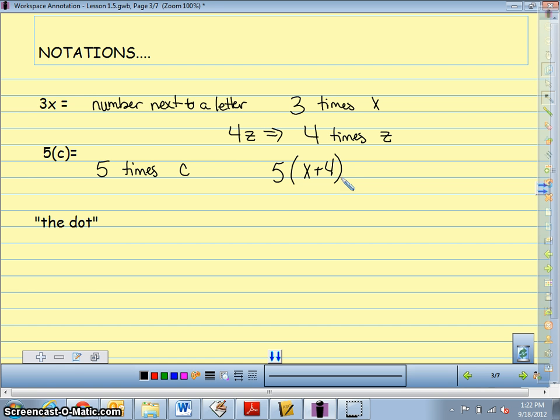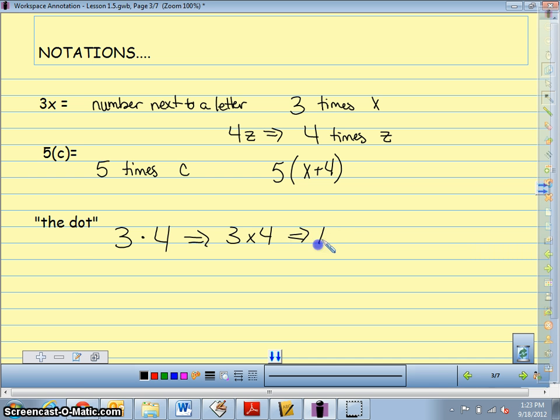And then last but not least, we have the dot, as it's known. And the dot is simply in place of using an x for a multiplication symbol. So you might have 3 and then a dot, and then you might even have another number. That just means 3 times 4. We used to use 3 times 4, but now that we're using variables, we don't want to use that x anymore and confuse people.